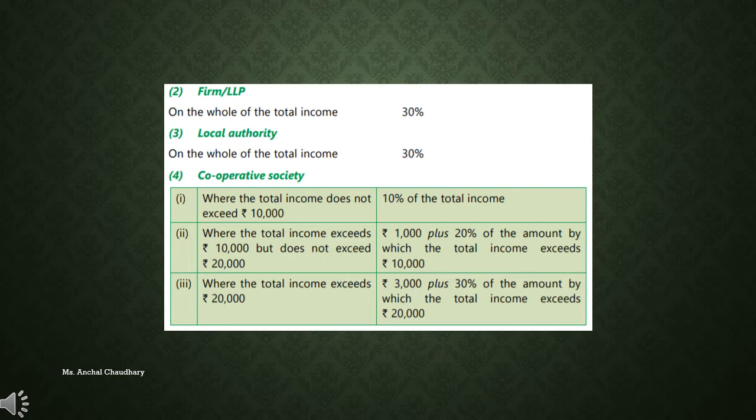When total income is between rupees 10,000 and 20,000, then the tax rate will be 20%. And when the total income of the cooperative society exceeds 20,000 rupees, then the tax will be 30%. So this is how you have to calculate your tax rates under different heads.